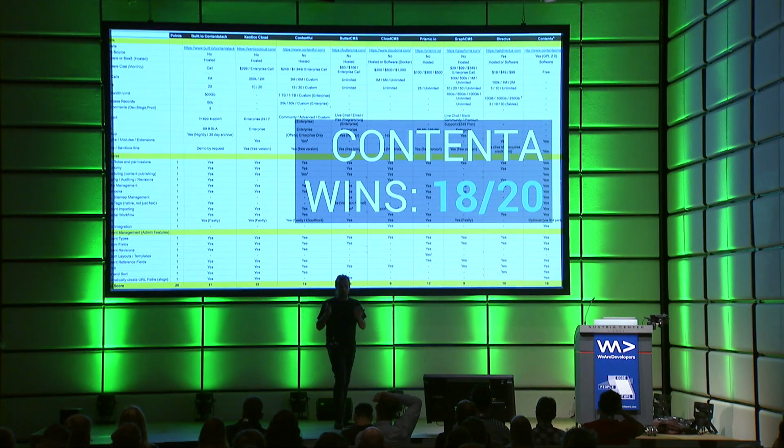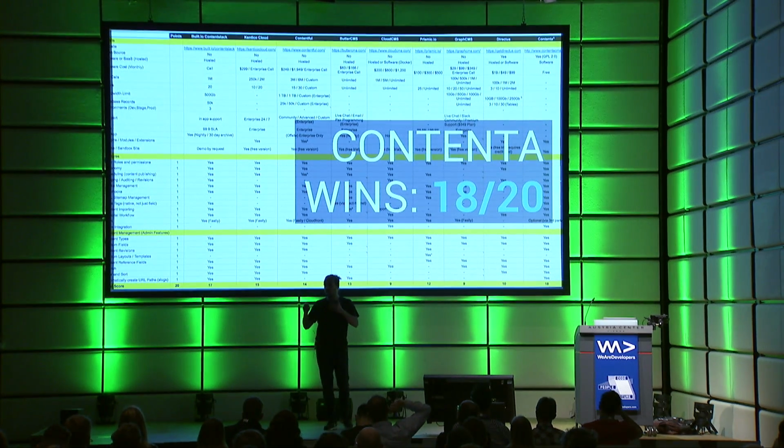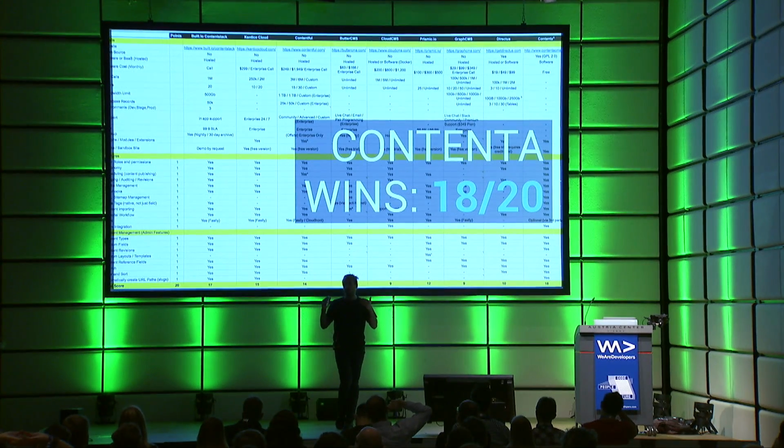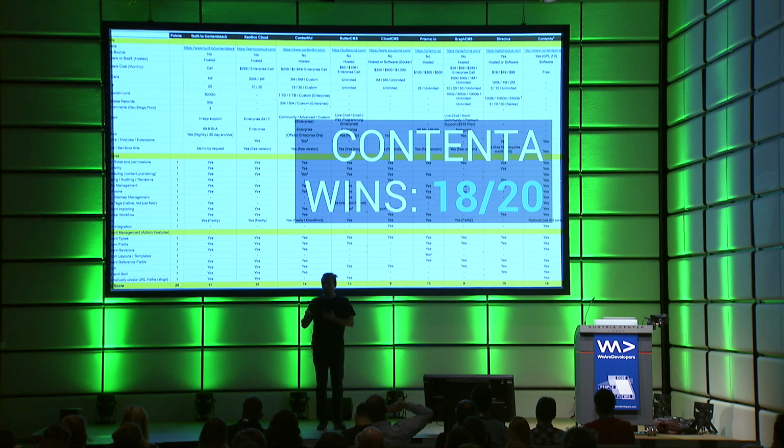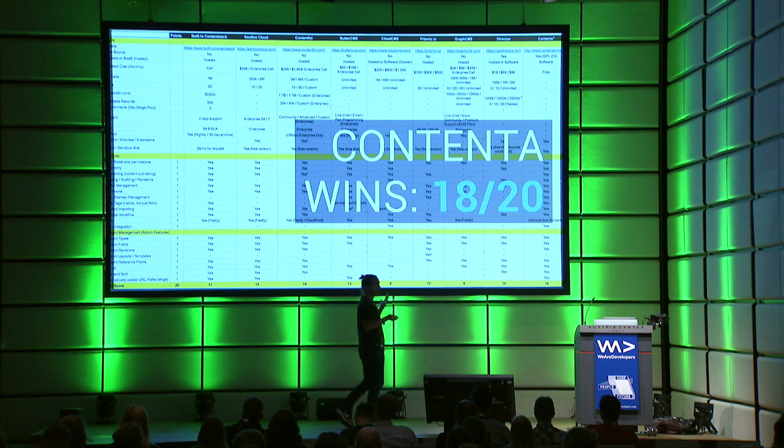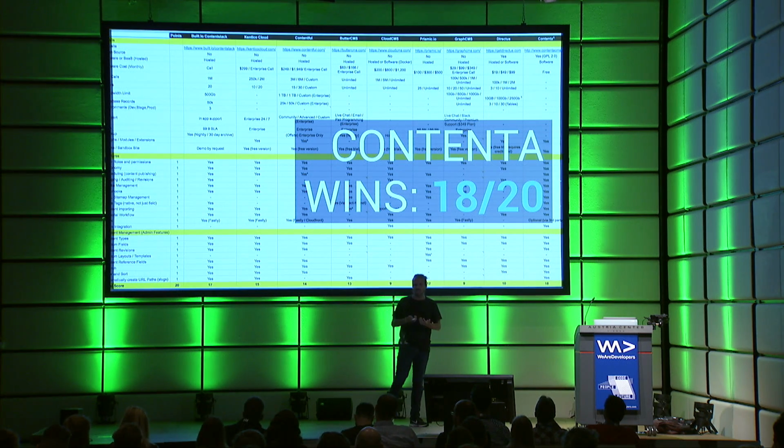Admittedly, if I had to do this comparison, I may not use the same values that they did, because they were comparing features, and that is really where Contenta shines. So maybe if I had to do my comparison, I would use all the parameters, and who knows who would win in that case.